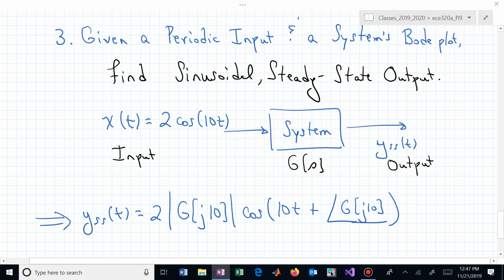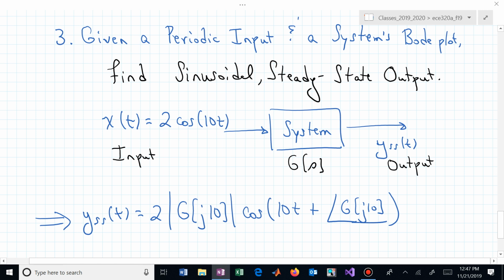I'm not worried about that. What are the steady state terms, or what do they produce? And you can derive that in fact the amplitude of your input is modified by the system at that particular frequency 10.